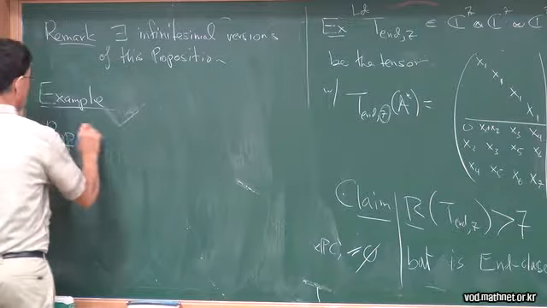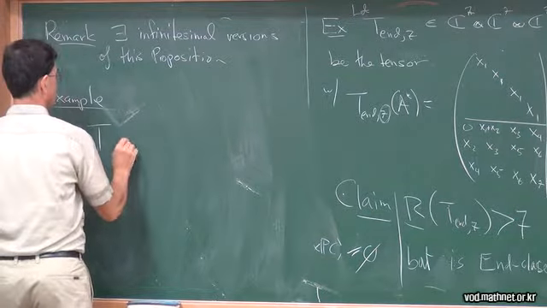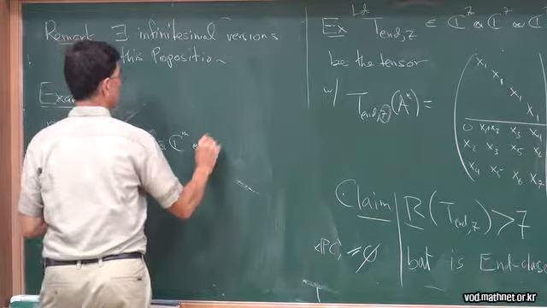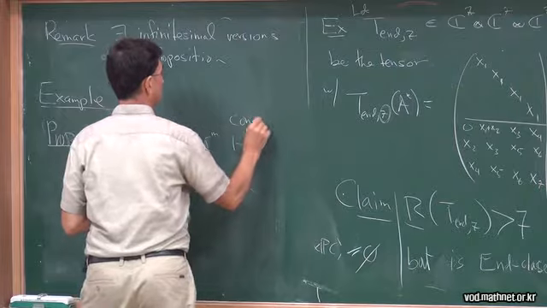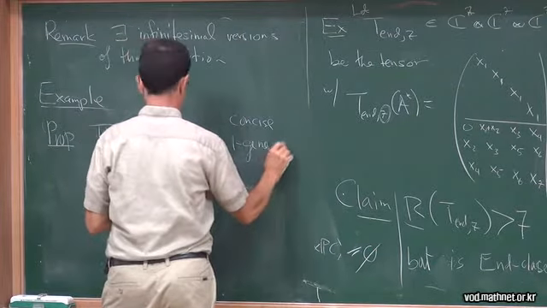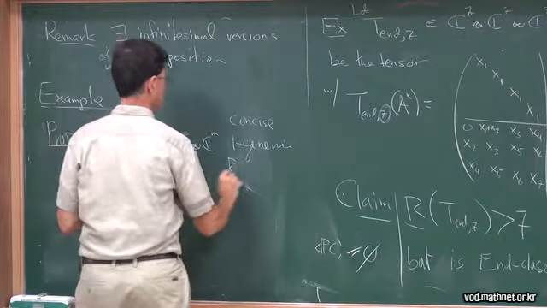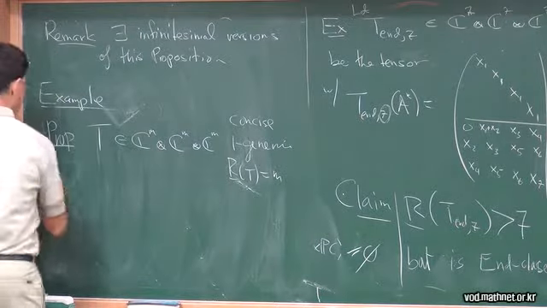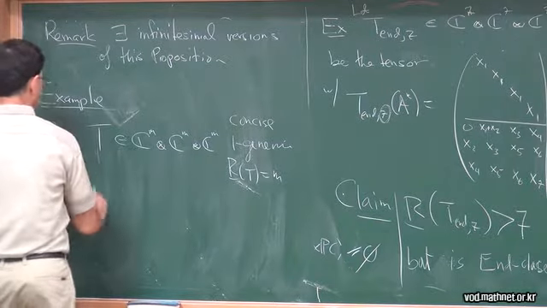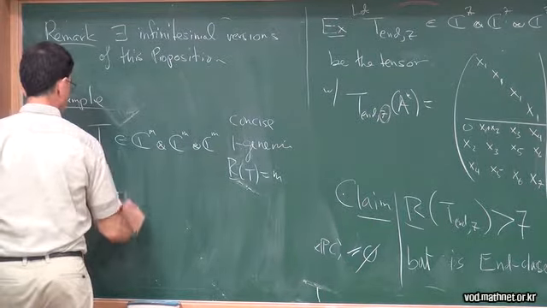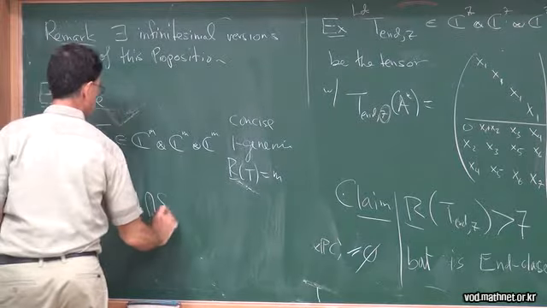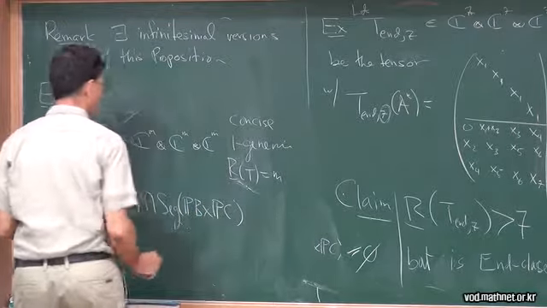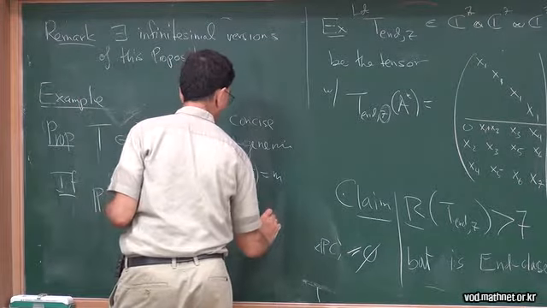Proposition. T is as above. Then if P of T of A dual intersect the Segre, we know this is non-empty. So the smallest it could be is one point.